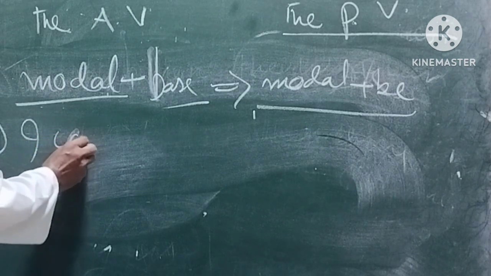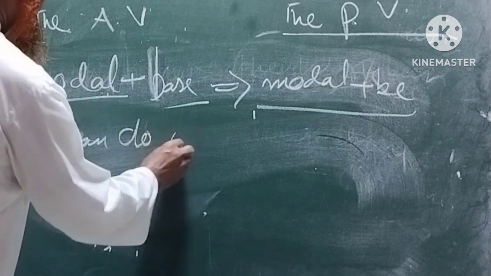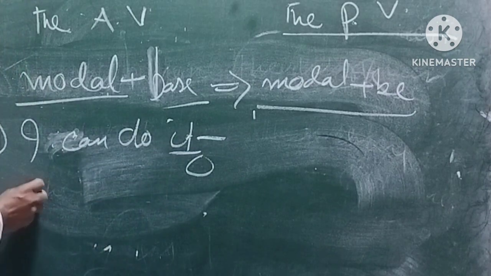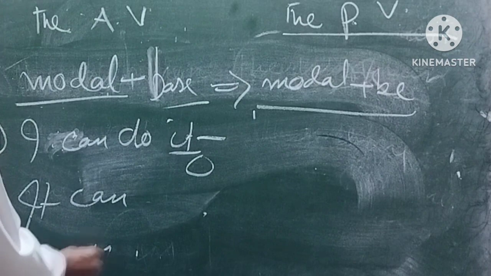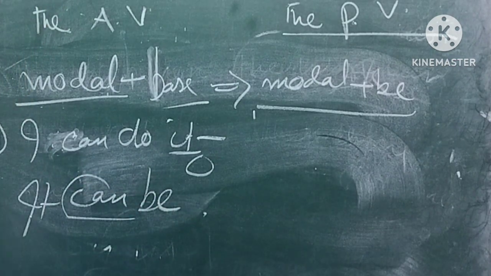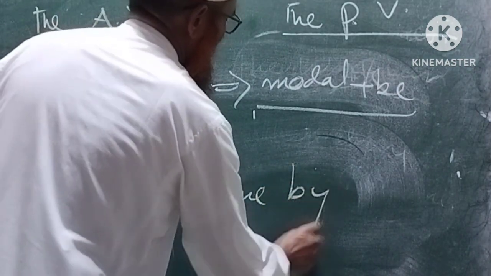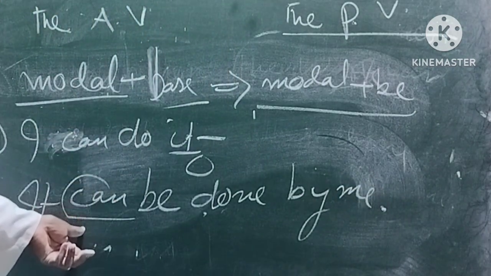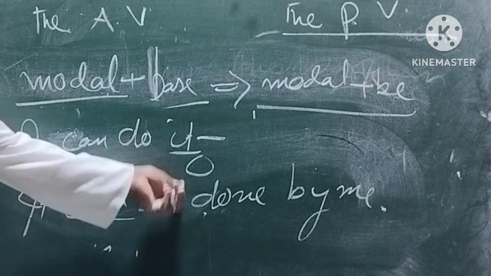I can do it. The object it becomes the subject, it can. Because of the modal verb, there will be a be. It can be done by me.